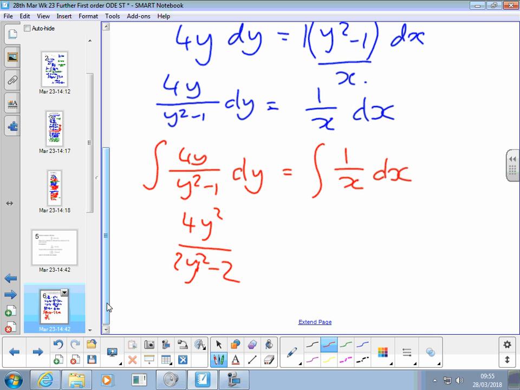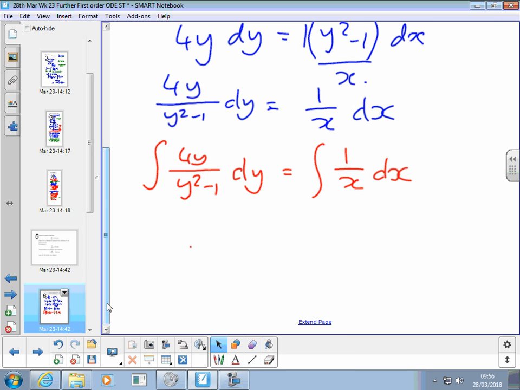You squared the top y, but only multiplied the bottom by 2. No, you can't do that. How do we do it?